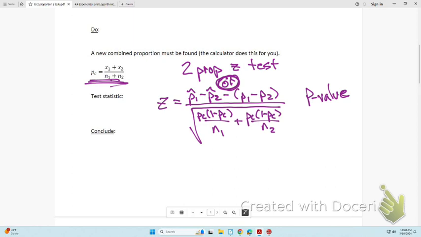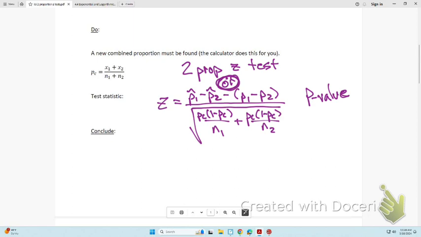This combined proportion over here, that is all based on the 2 proportions being equal. Remember up in the null hypothesis, we're assuming the 2 are equal. That's why in the z-score, you're doing PC, the total successes over total subjects, because you're assuming that they're the same. It's one total proportion. So that's one reason why that happens.